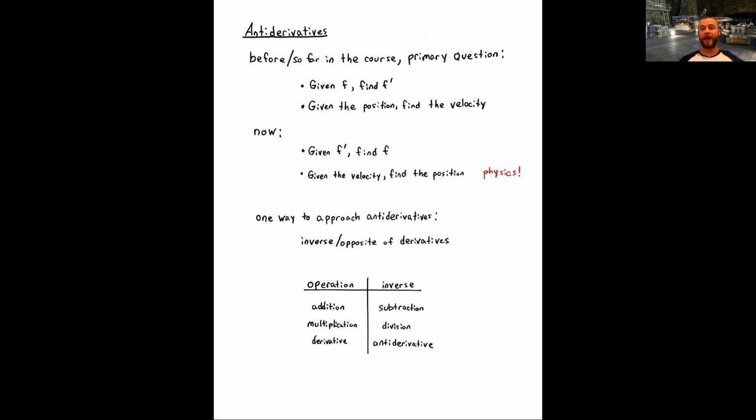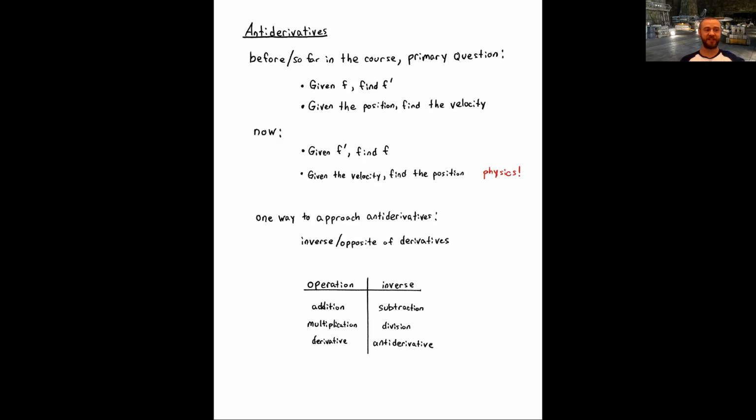All right, now the way I like to approach antiderivatives is, if we think with mathematics, there are some basic operations. For calculus, one basic operation which applies for functions is finding the derivative of a function. Through mathematics, each operation has an inverse or opposite. Addition, its inverse is subtraction.